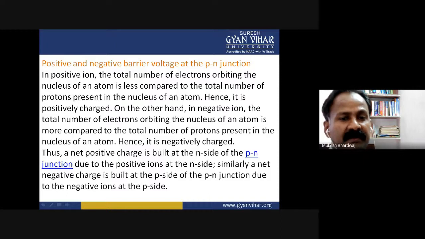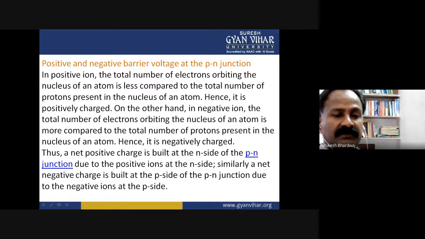On the other hand, in a negative ion, the total number of electrons orbiting the nucleus is more compared to the total number of protons in the nucleus. Hence, it is negatively charged. Thus, a net positive charge is built at the n side of the p-n junction due to the positive ions at the n side. Similarly, a net negative charge is built at the p side of the p-n junction due to the negative ions at the p side.